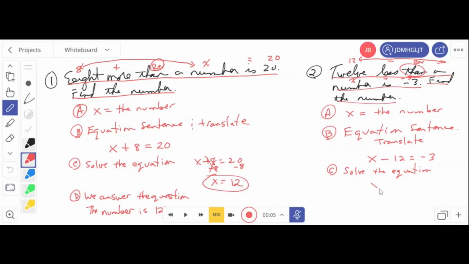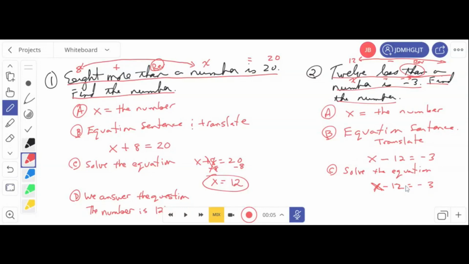Solve the equation. x minus 12 equals -3. Step 1, get rid of parentheses. Aren't any. Step 2, combine like terms. There aren't any. Step 3, we can't have variables on both sides. We don't have that. Step 4, look to see that there's only one variable in the problem. There it is, x. No other x's, so we're good.